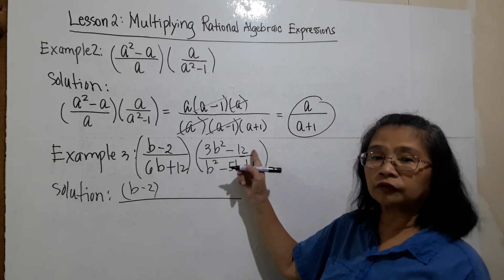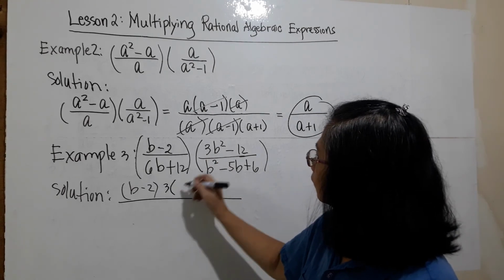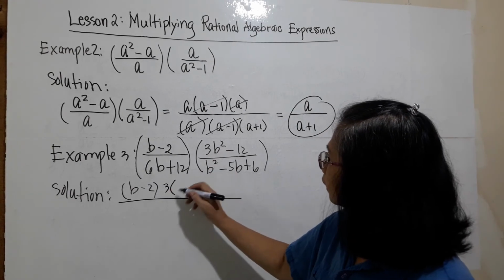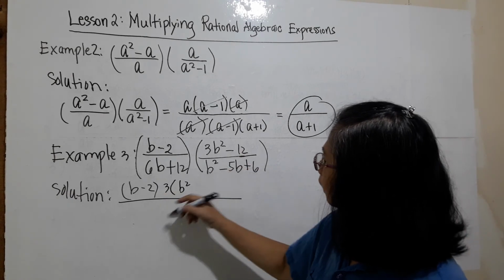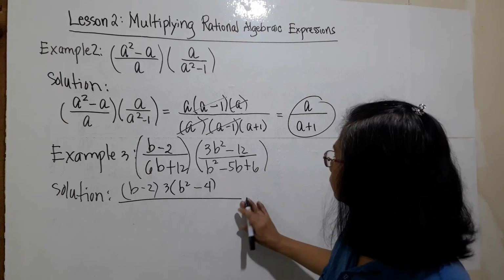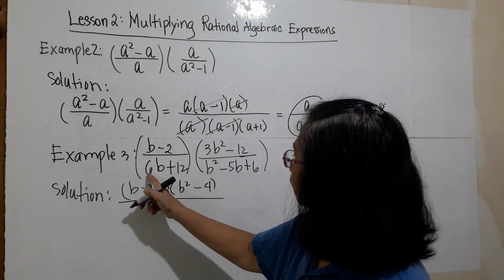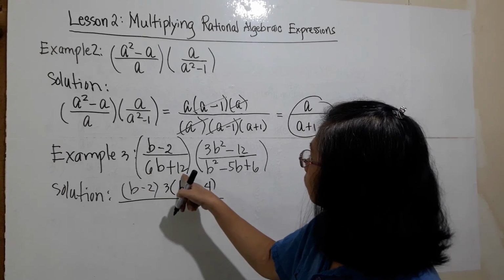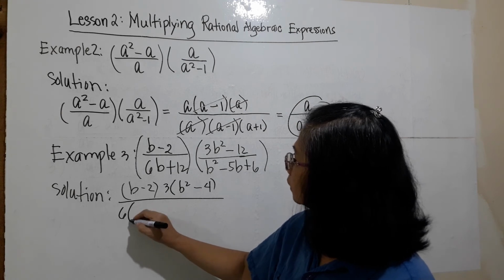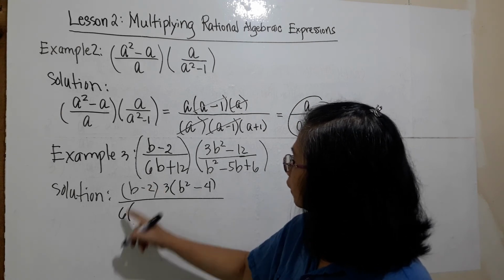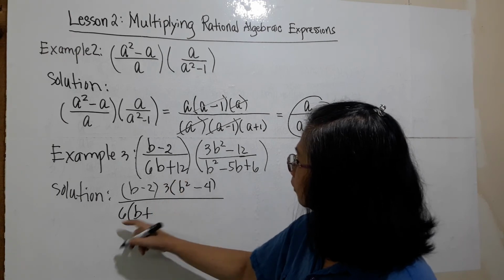There's no literal coefficient common, so it's only 3. 3b squared divided by 3 is b squared. 12 divided by 3 is 4. For the denominator, we have 6b and 12. I think 6 is the common factor. Then 6b divided by 6 is b, plus 12 divided by 6 is 2.